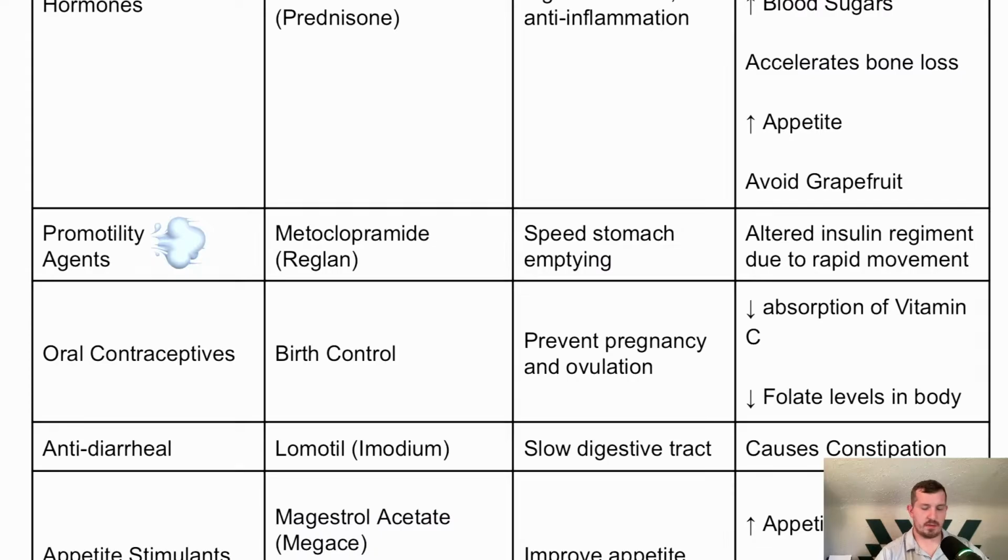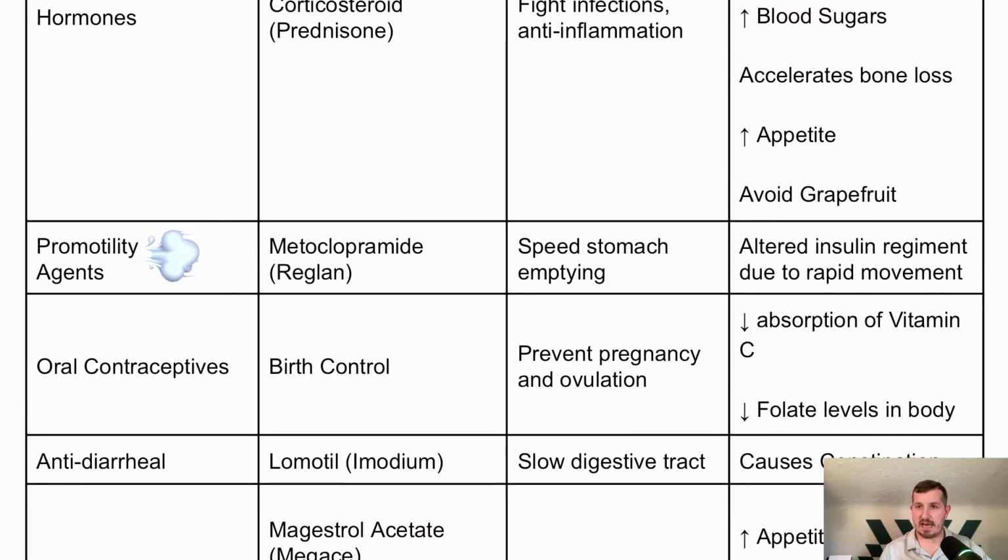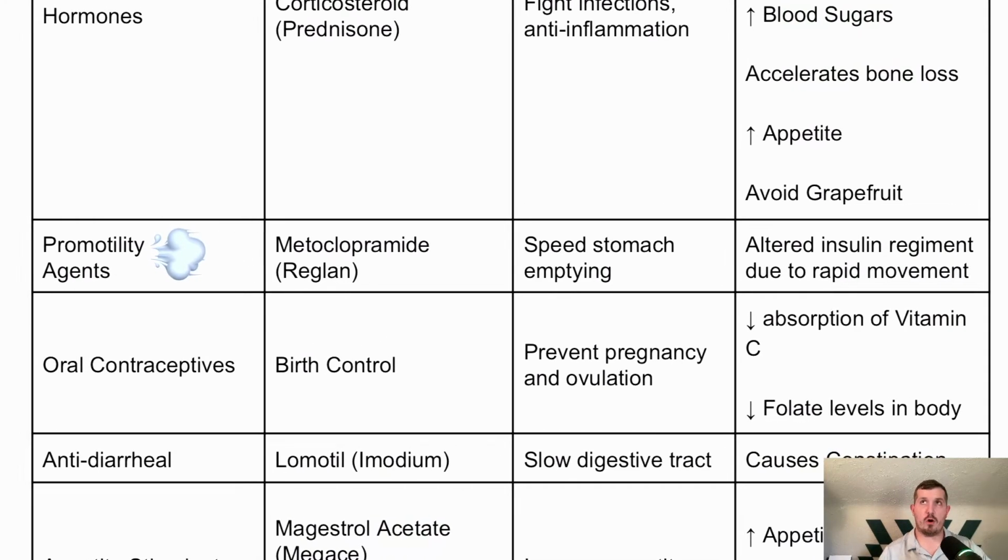Rather, what seems to be mentioned the most is, if you are on an insulin regimen and let's say you take a short acting insulin or a regular insulin, you may be used to timing up your meals and your insulin regimen very closely. If I take a pro-motility agent, though, food is going to go quicker into that small intestine than I'm used to.